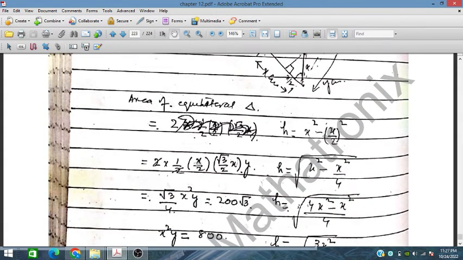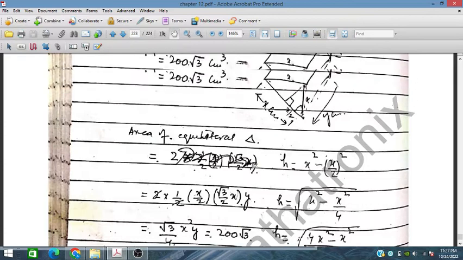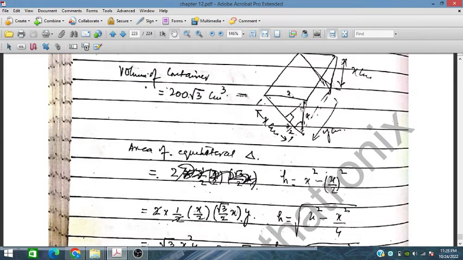The triangle area is given by this, and multiplying by the length gives the volume.